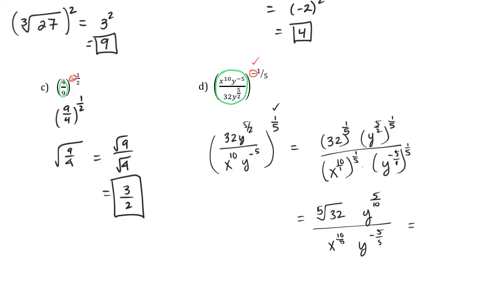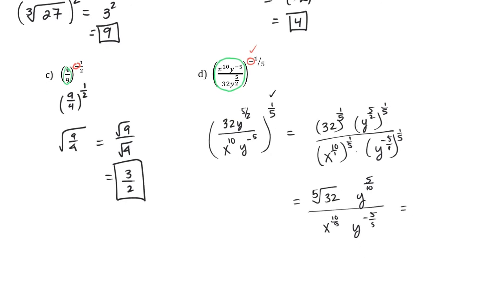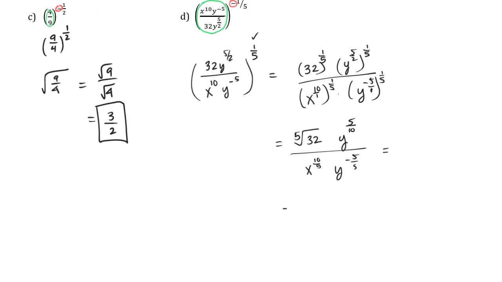Fifth root of 32, that is 2, and that simplifies to y to the 1/2, x squared, y to the negative 1. Now I'm going to deal with my negative variable, and that just allows that y to the negative 1 to move up into the numerator and be positive.